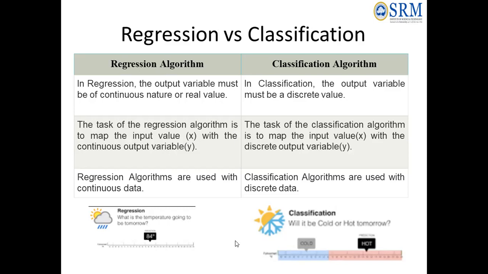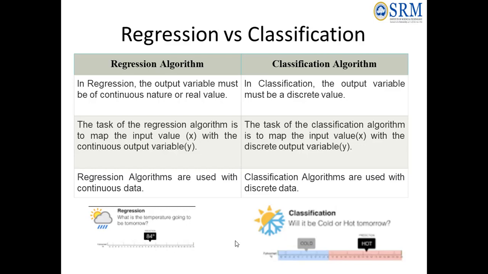In classification, the output variable must be a discrete value. So in regression, we have an input value x and the output will be a continuous output variable. In classification, the input will be x and the output will be y.